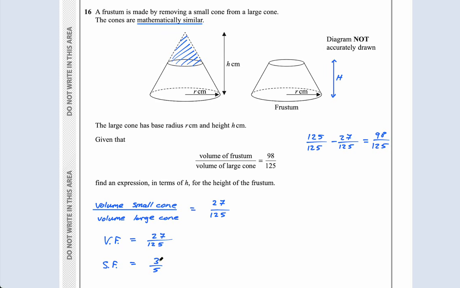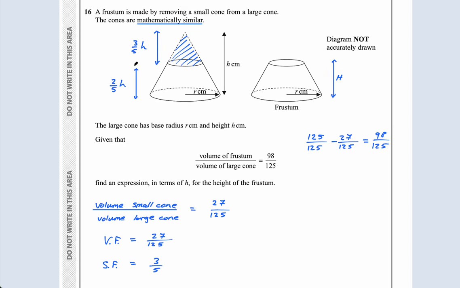So if the ratio of the small cone to the large cone is 3/5, then this height here, the height of the cone, has to be 3/5 of h. It is certainly less than h. How much less than h? Well, exactly 3/5, because the scale factor is 3/5, which means what's left, if there's 3/5 in the small cone, what's left here? Well, it has to be 2/5 of h.